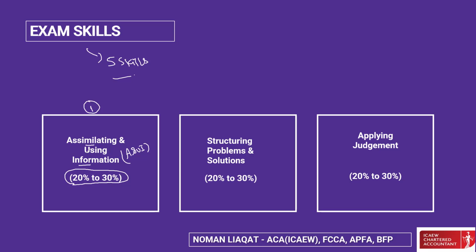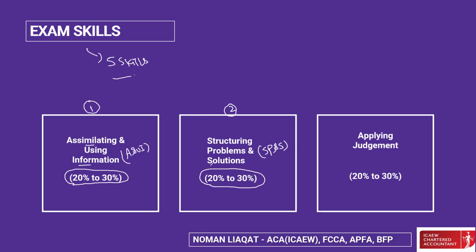There are detailed sessions on each skill. Obviously, when we go for our complete session, we are going to talk about what we mean by A and UI and other skills as well, as these involve comprehensive discussion. Second skill is structuring problems and solution, or this is called SP and S. Again, the percentage is the same, 20% to 30%.